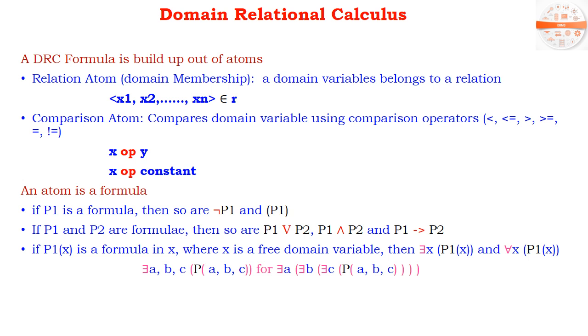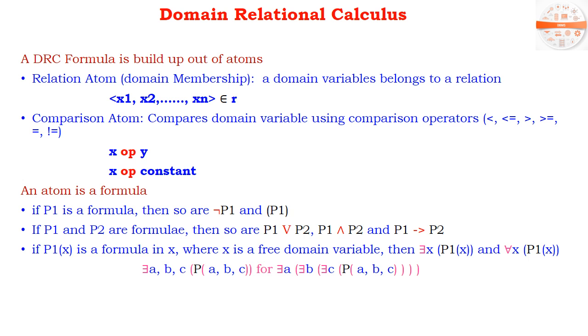An atom is a formula. If P1 is a formula, then the negation of P1 is also a formula. If P1 and P2 are formulae, then so are P1 or P2, P1 and P2, and P1 implies P2. If P1 of X is a formula in X, where X is a free domain variable, then there exists X such that the condition is true, and for all X the P1 condition is true.